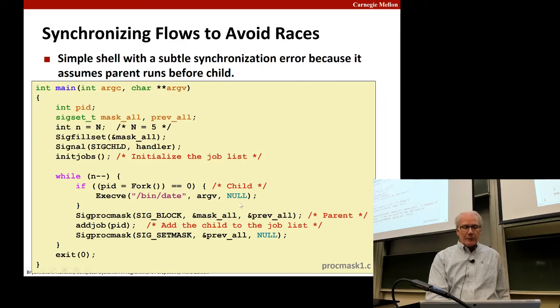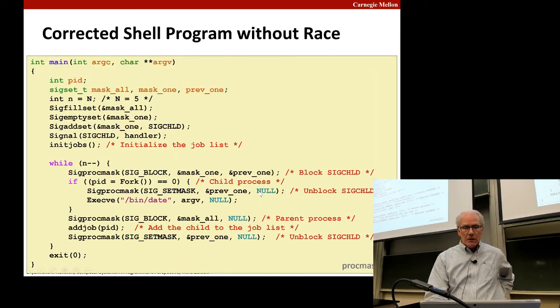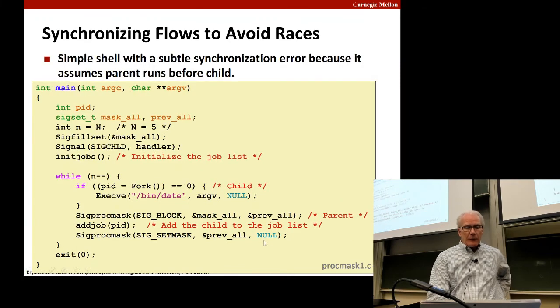But there's a problem with this program. The problem is that it sort of assumes that the parent is able to add this job, block and unblock the signals before the child executes and completes.